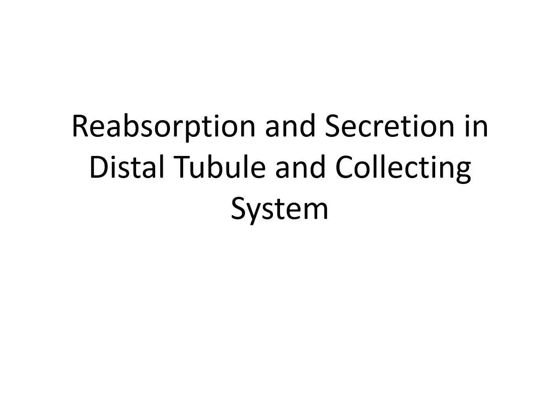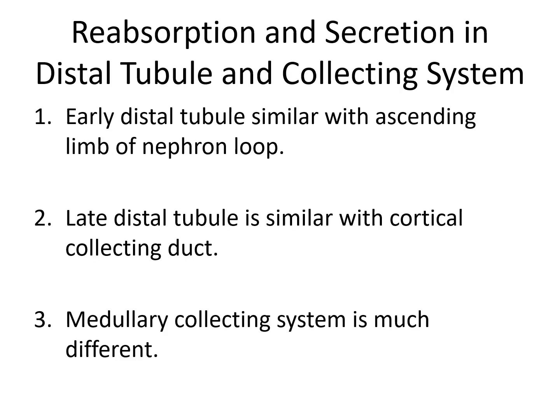So now let's look at the reabsorption and secretion in the distal tubule and collecting system. Okay. The early distal tubule is similar to the ascending limb of the nephron loop. Okay. The late distal tubule is similar to the cortical collecting duct, and the medullary collecting system is much different from the previous one. Okay.